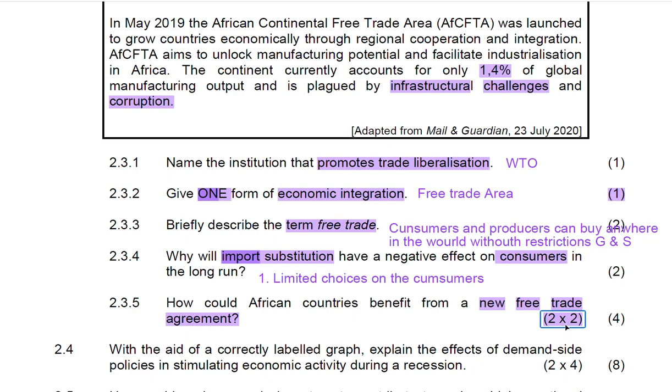So now I'm going to explain how African countries could benefit from the free trade agreement.